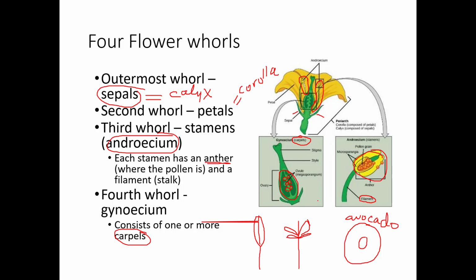But you can have plants that have one ovary and many ovules. So like an apple has one ovary, so you get one fruit, but then there's more than one seed inside. So an apple would have more than one ovule inside.